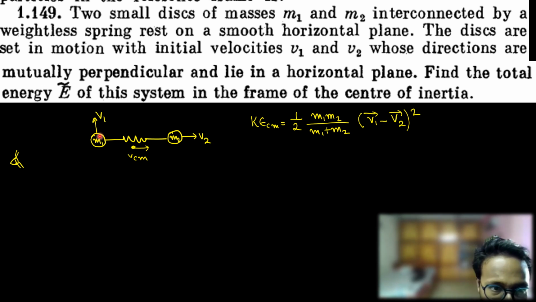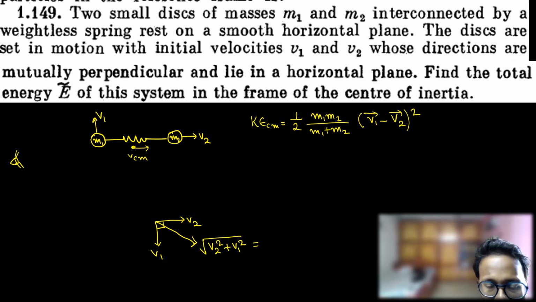Now see, what is the relative velocity of v1 with respect to v2? See, v2 minus v1 is nothing but in this direction. So the relative velocity, or v2 minus v1, would be this vector, and this vector is nothing but under root of v2 square plus v1 square.